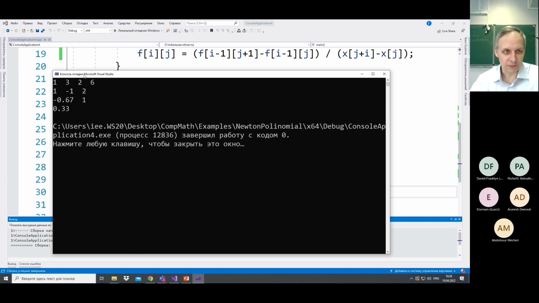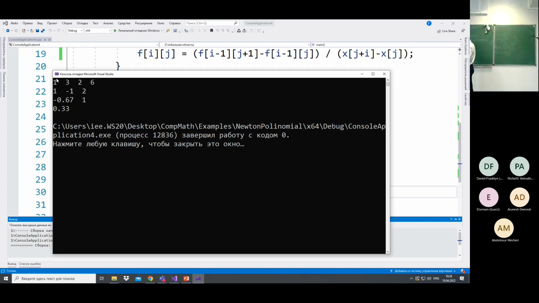Okay, this is a table. This is a table of divided differences. And to output the polynomial, I should take what divided differences?